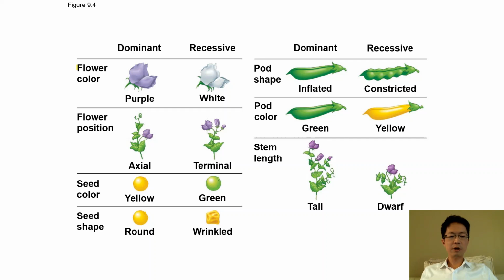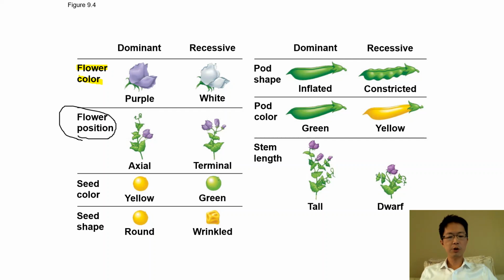The first one he studied is the flower color, and then he did the purebred. Basically, repeat the same experiment. First of all, by using self-fertilization to get the purebred of, let's say, flower position this time.